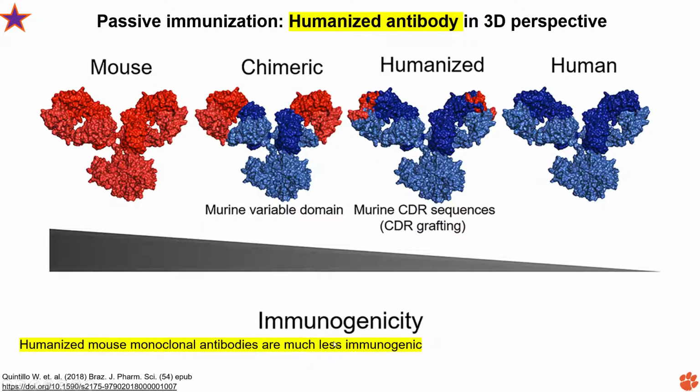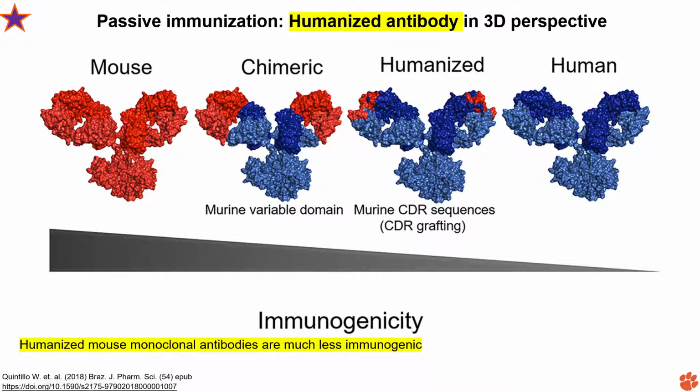If you're asked what the advantage of this is and the reason for it: a mouse antibody against an antigen or a virus, if you purify that, make a hybridoma out of it and inject it into a human being, all these portions are foreign antigens because they are from a mouse.